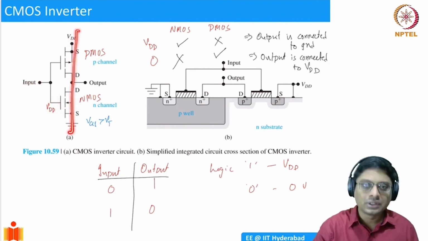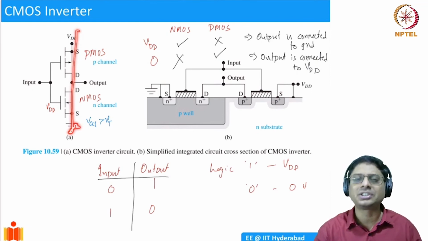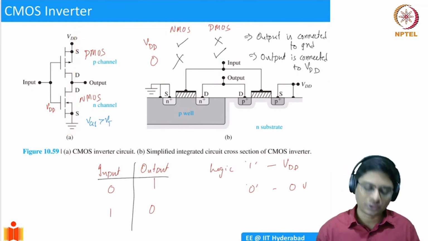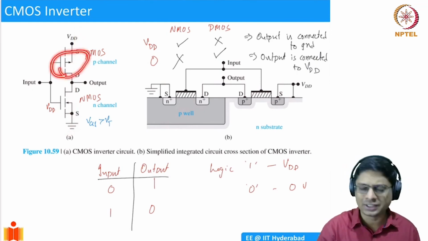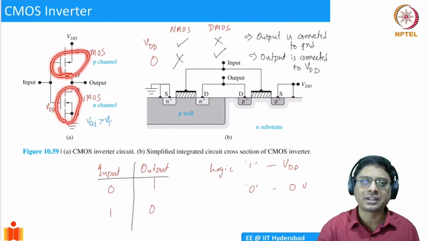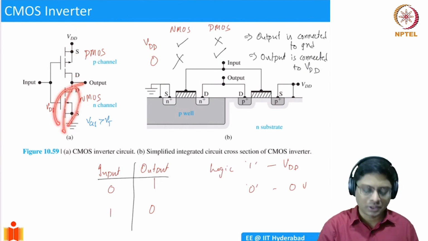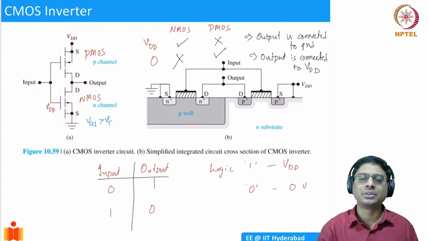And in this path also, only one of the transistors is on at any point of time, not both. If both are on, it's going to continuously dissipate power. If one of them is off, let's say it only has 100 picoamps of current. Even if it's 1 milliamp of current, I don't care. Once the output discharges, you don't have any current flowing here as well. So the overall current will be very, very small. And so we have very power efficient circuits.